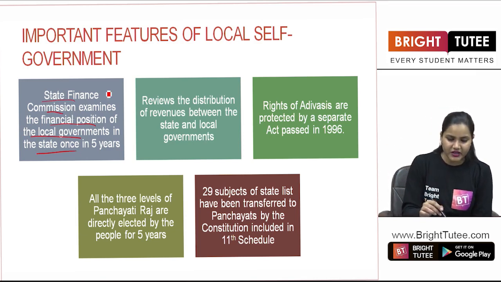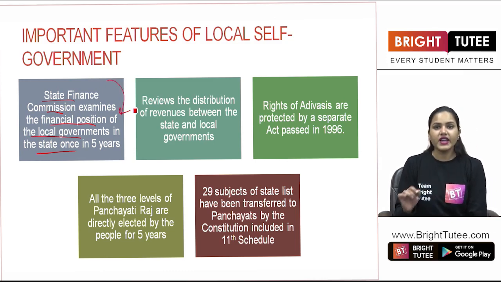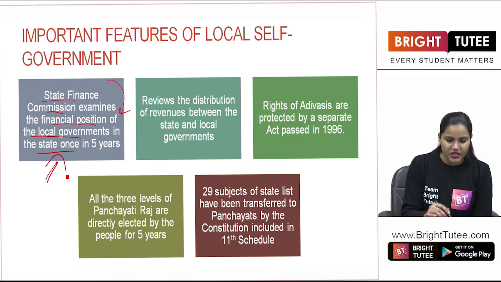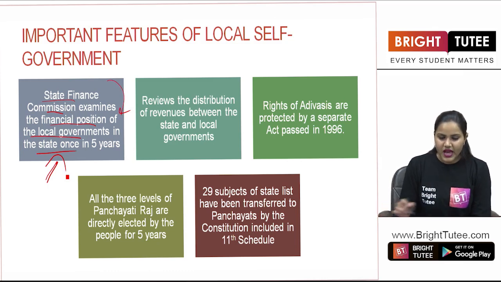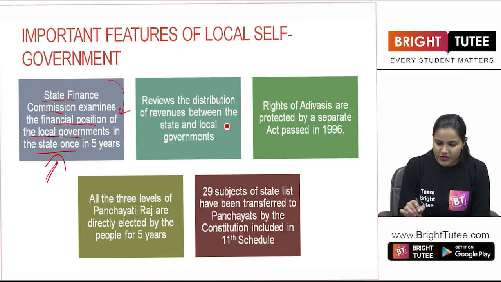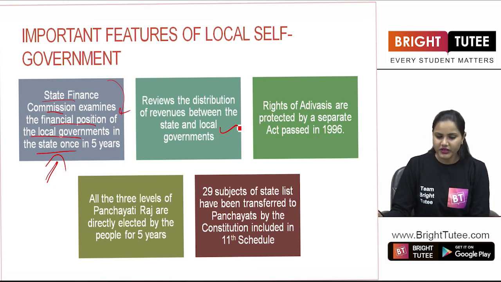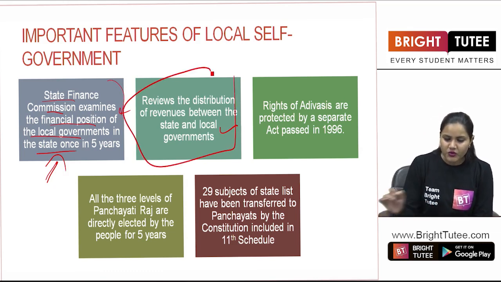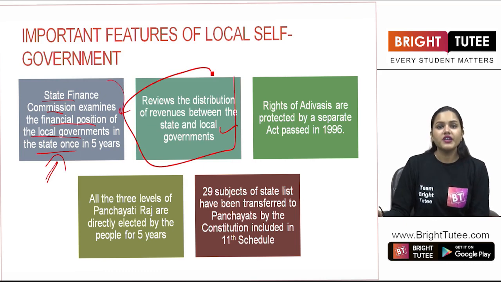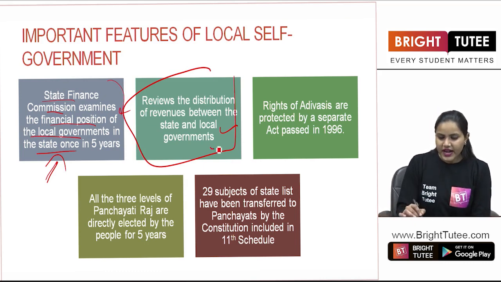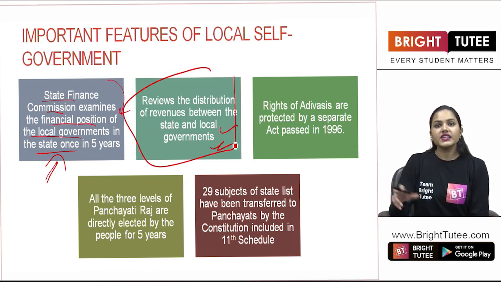The main idea is to examine the financial position of these local governments and review the distribution of revenues between the state and local governments. Quite an important point, right?